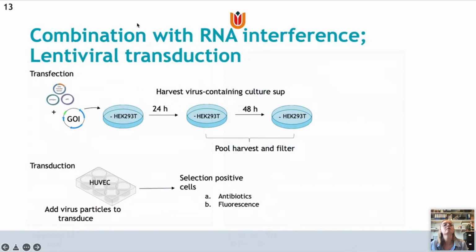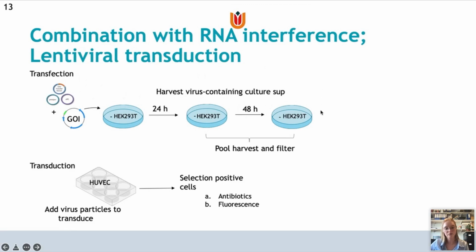So we would also really want to combine this live imaging with RNA interference via lentiviral transduction. To produce these lentiviral particles, we add a short hairpin RNA and helper plasmids to packaging cells, the HEK293T cells, and after 24 hours we can harvest the medium, which contains the viral particles.